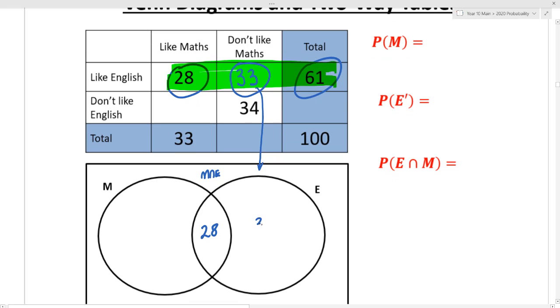Yep, so 33 goes in here. Now I'm going to write this down. This is where people get a bit confused. They like English. We'll do English first. We'll say that they like English and intersection, they don't like maths.